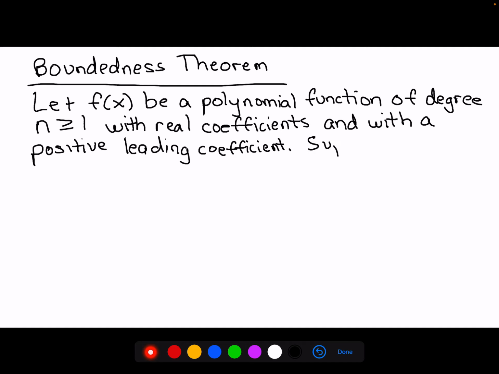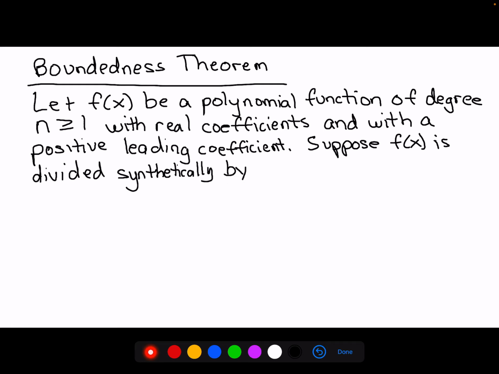Suppose f of x, so you're taking the function, is divided synthetically by x minus c. So usually c is a 0, and x minus c would be a factor.